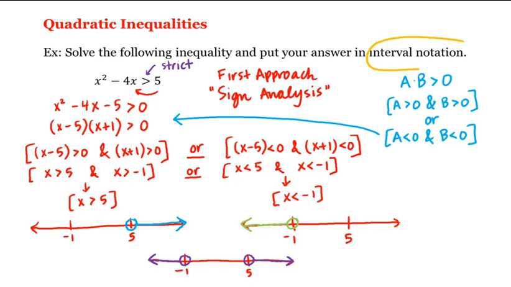Now we're asked to put our answer in interval notation. Therefore, our answer is negative infinity up to negative 1, open parenthesis because we do not want to include negative 1, union, again, open parenthesis because we do not want to include 5, up to infinity.